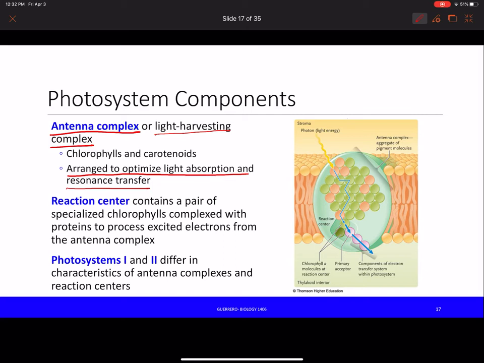Okay? So in the reaction center, you have a pair of specialized chlorophylls that have proteins and are able to excite electrons. And they're going to use the energy from the sun to do the exciting, okay?